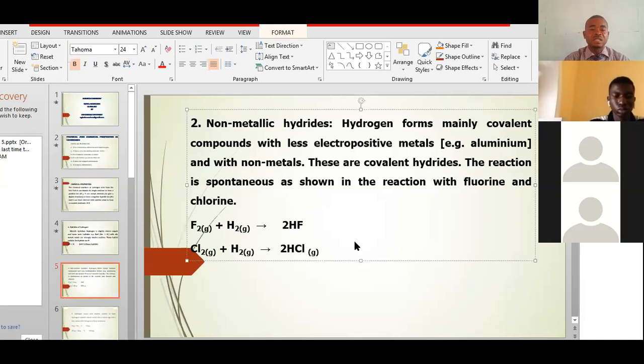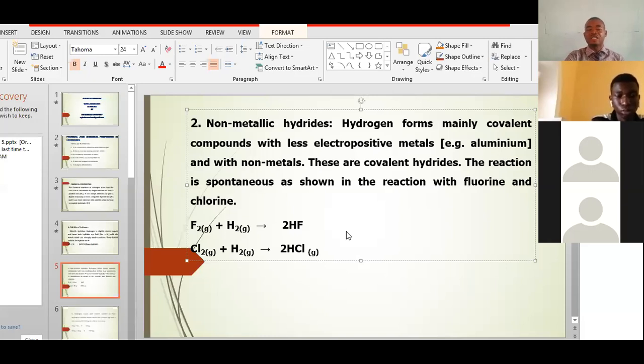Alright. Look at the reaction between the chlorine and hydrogen. Chlorine reacts with hydrogen to form hydrogen chloride gas. Just like the formation of hydrogen fluoride gas, you also have hydrogen chloride gas. This is the demonstration of what? Of hydrides. Remember, you call it hydrides. We have metallic hydride and we have non-metallic hydride.